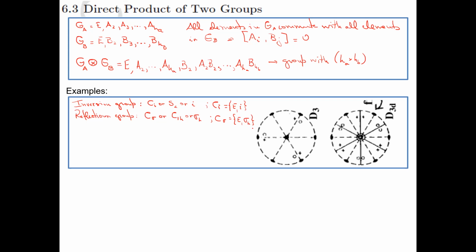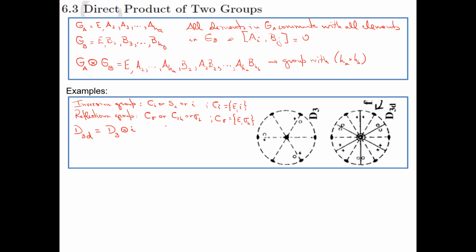And we've seen examples of these. Actually, you may have seen this in character tables. For instance, the group D3D, which we have used many times already in problems, can be written as the direct product between group D3 and the inversion group I or CI.